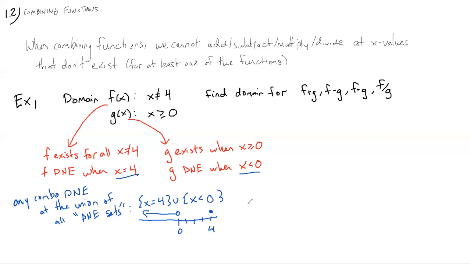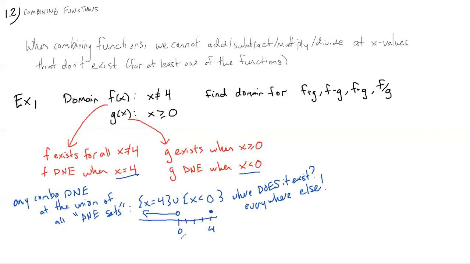What I would have to do to finish answering this question, though, is to find where it does exist. Basically, the answer to that is everywhere else. Again, there's 2 ways of figuring that out. One thing we could do is fill in this region and color in the opposite of this.